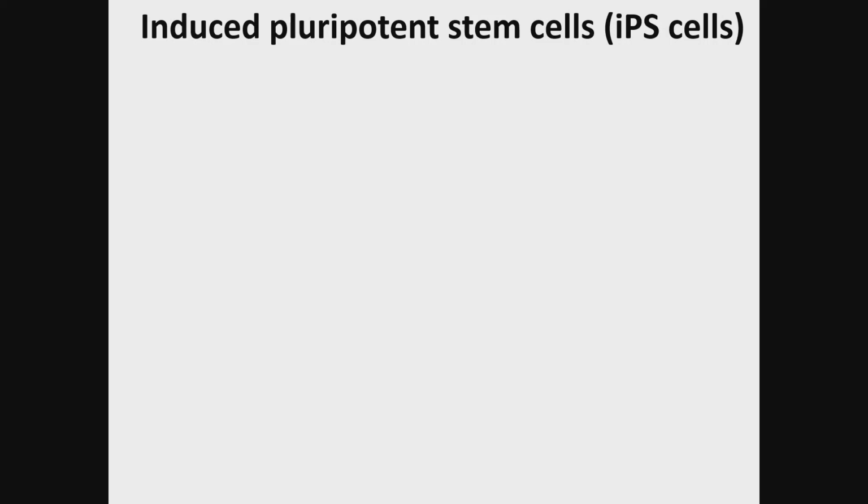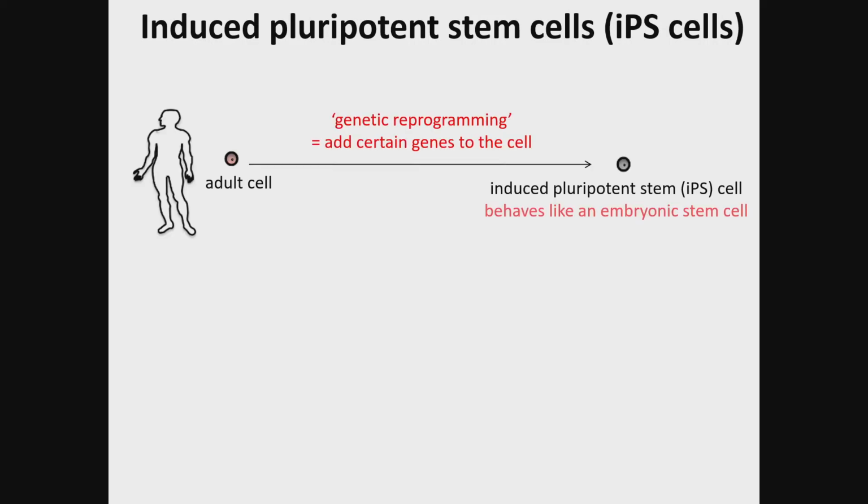the induced pluripotent stem cells were invented. And the idea is that we can take an adult cell and reprogram it to be a stem cell. And why can we do that? Because the genetic code is the same genetic code, but we just have to cross all these epigenetic barriers.